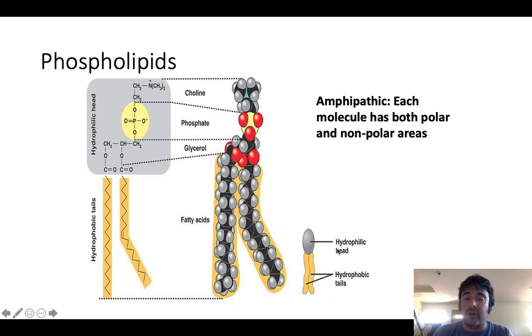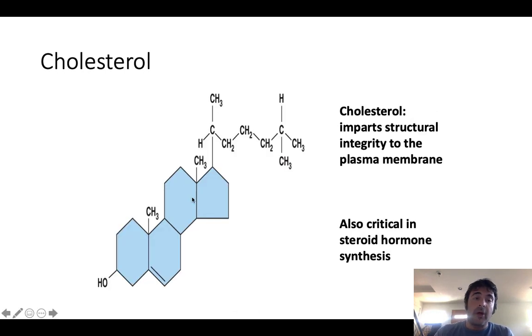The most important for this class is you could say the hydrophilic slash polar head and the hydrophobic slash nonpolar tails, because those polarity characteristics are important. Does it carry a charge or doesn't it? Now, the cholesterol, you should recognize cholesterol at this point, and the only steroid I'm going to give you on this exam is cholesterol. Cholesterol shoves up into the phospholipid bilayer, providing a little bit of structural integrity to the membrane, right?